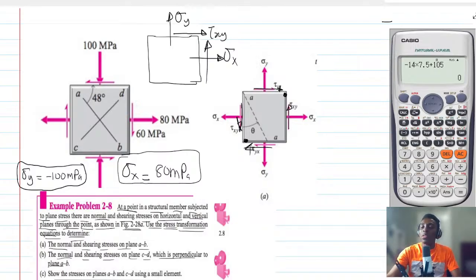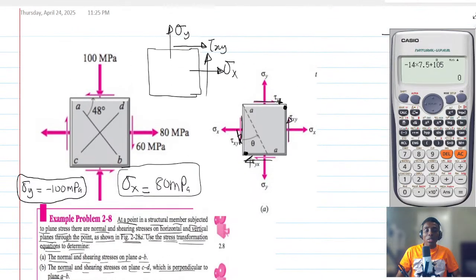So we are going to use some formulas to calculate the principal stresses. Now let's calculate the principal stresses.